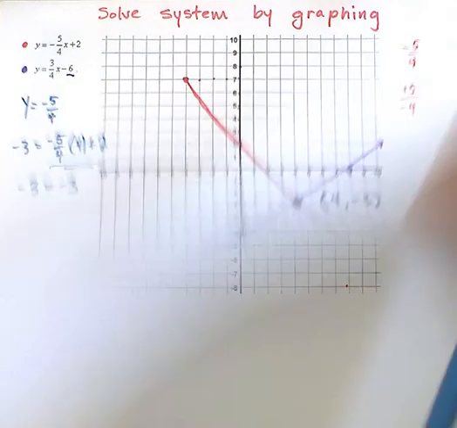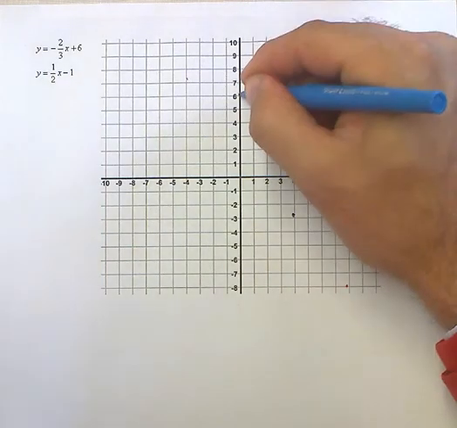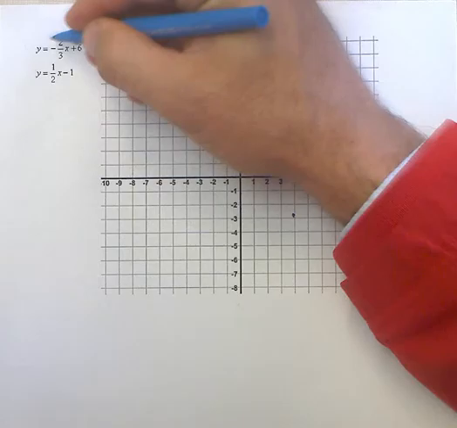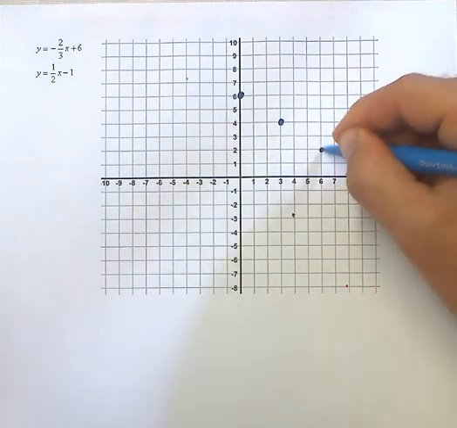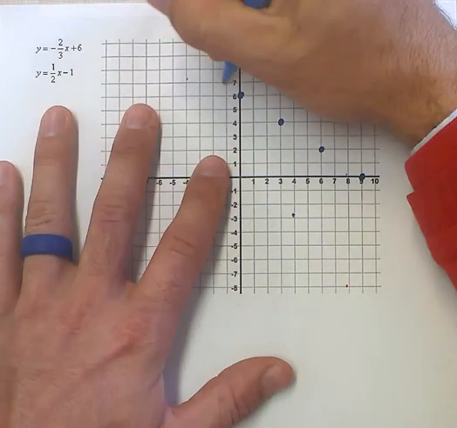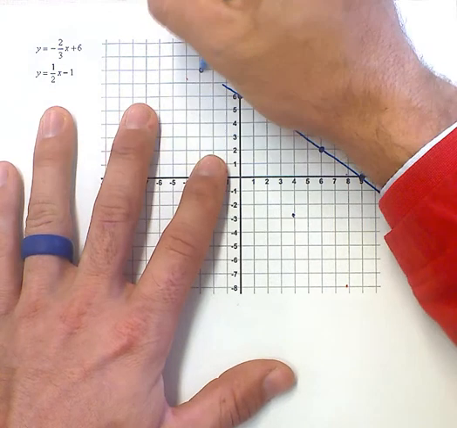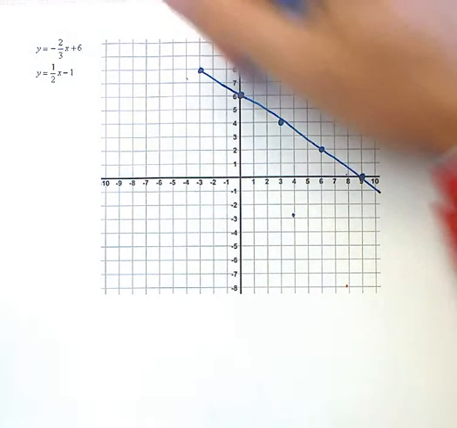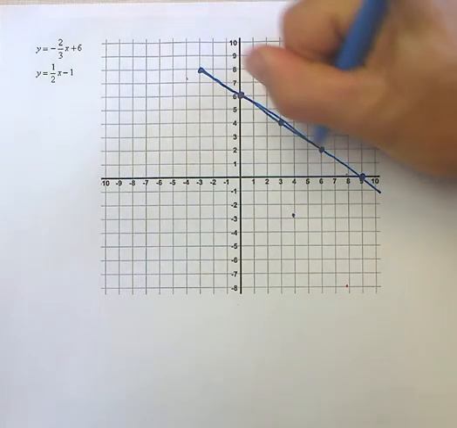Let's just take a look at another example here. This one they're giving me a plus 6 and a down 2 over 3, down 2 over 3. I could basically just go up 2, back 3, connect all these points. I don't even need to make a line, just see if I have any points that land on the same spot, but I'll make the line so we can see it.